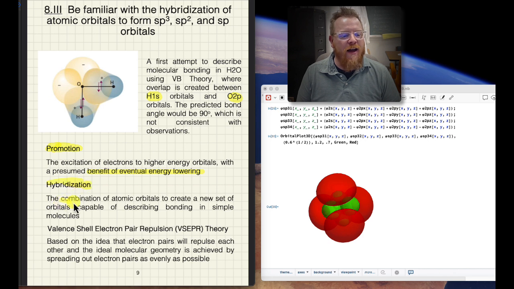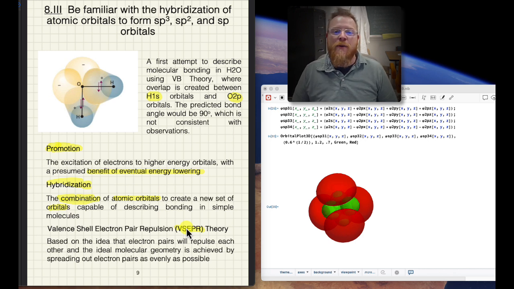Hybridization is the combination of atomic orbitals to create a new set of orbitals capable of describing bonding in simple molecules. And then we rely on what's called VSEPR, the valence shell electron pair repulsion model, to come up with the best possible approximation.